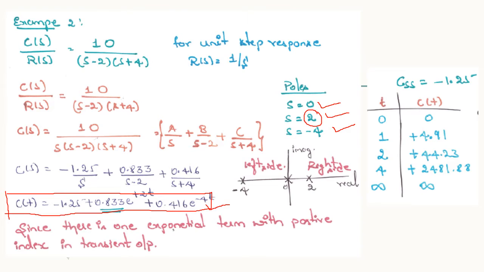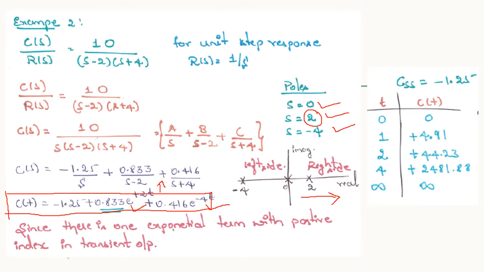So one term is a negative exponential decay, whereas the other term is an exponential rise. That means at the point of infinity I get an infinite value. If I have an output response of this type, then the system is unstable. So as you can see, if any one pole exists on the right side, then I can easily say that the system is unstable.